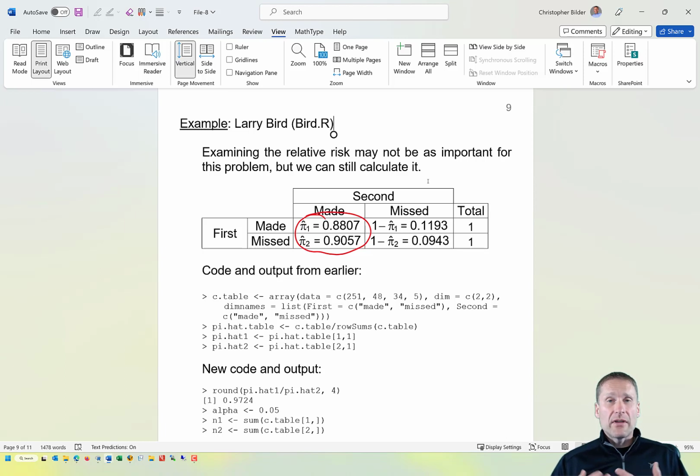I will let you, on your own, go through this example to see how the calculations would be made. Basically what I've done here is I took my COVID-19 example programming code as a template, and I created a new program corresponding to Larry Bird that will do these calculations just for a different contingency table.